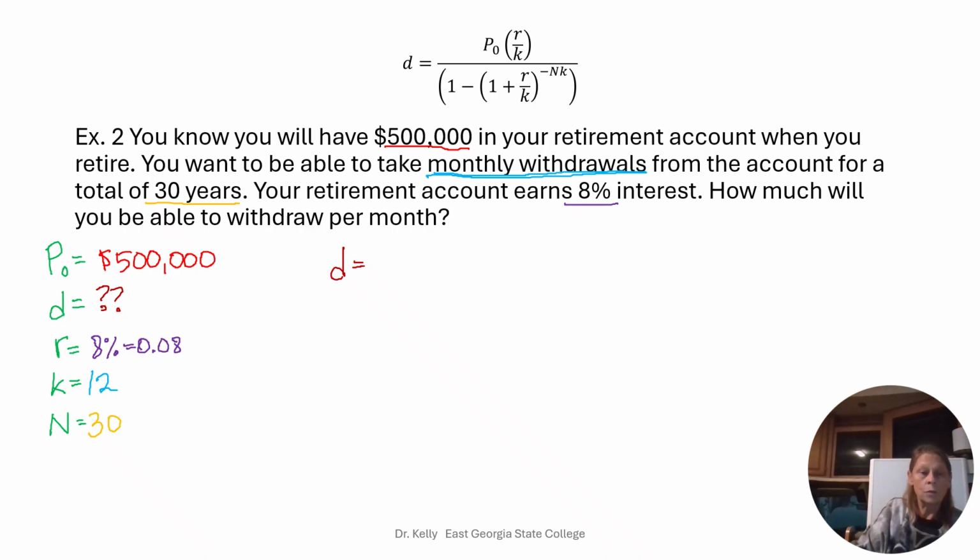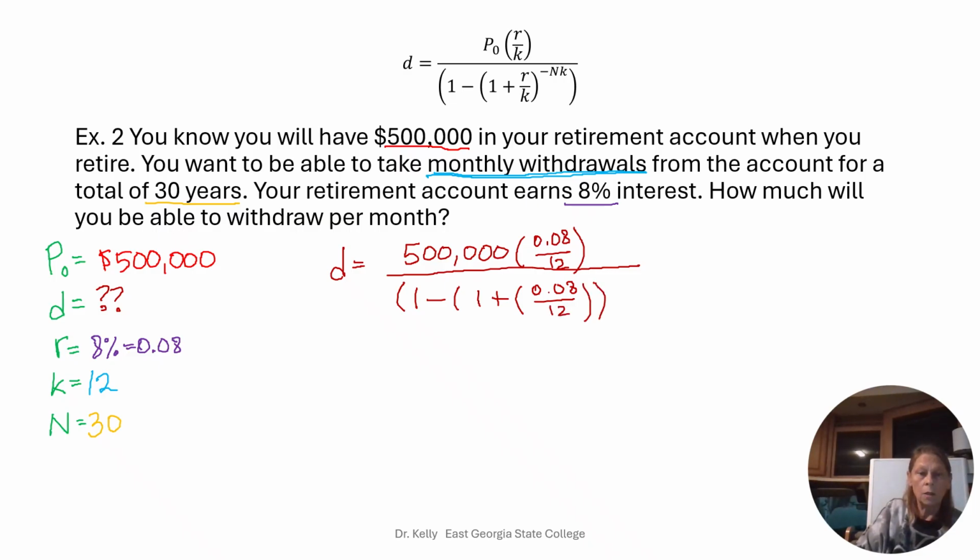D is equal to, let's write it in, 500,000 times 0.08 over 12, all of that over 1 minus (1 plus 0.08 over 12), close, close, to the power of negative.